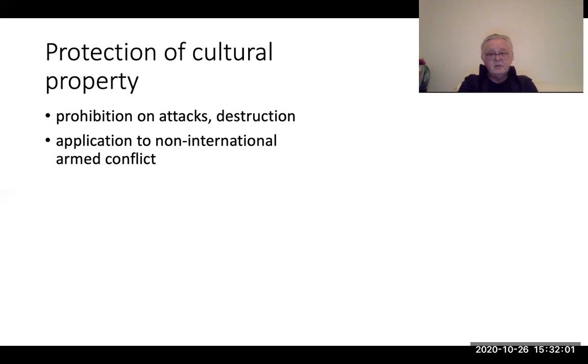I think in an international armed conflict, we'd say you can't decide to destroy the cultural property of the occupied territory, because that's for the people there to decide. But when you have a civil war and one side takes over half the country, it seems to me they should have the right to take certain decisions about whether they want certain monuments to be preserved and protected. And we can debate that in the classroom.